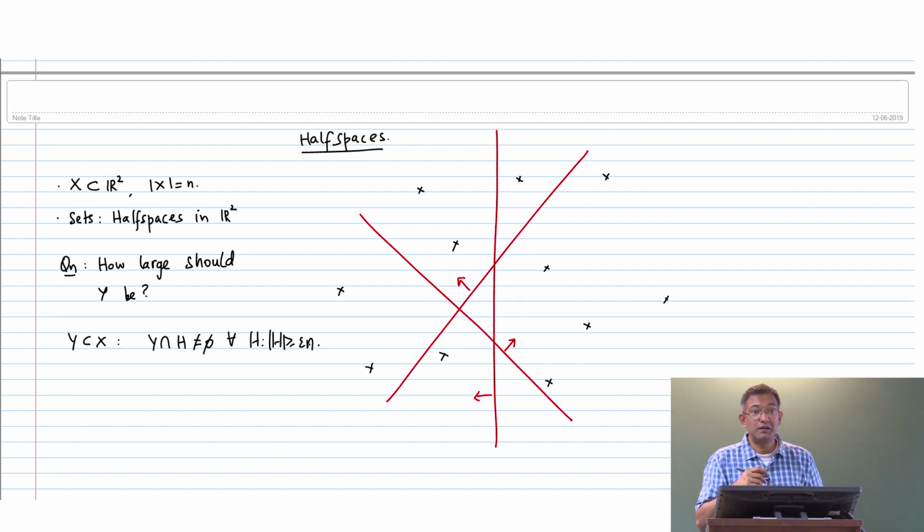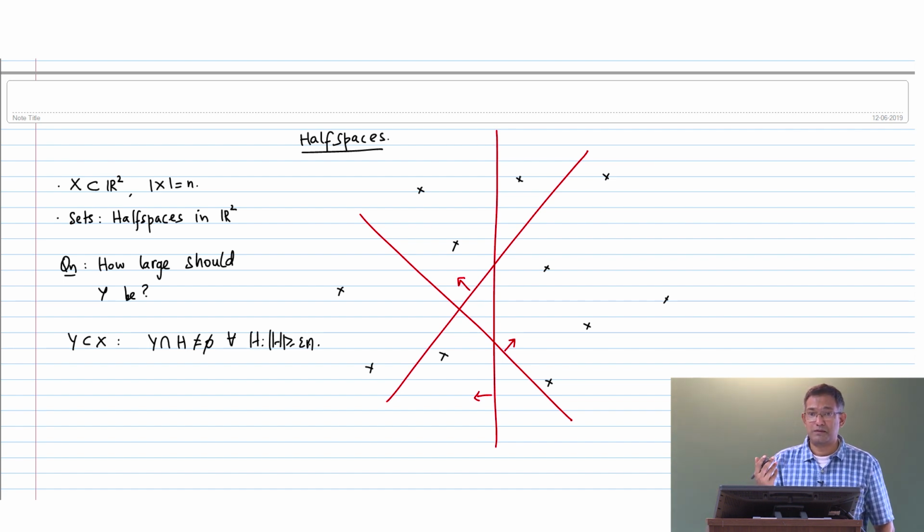So you've seen a lot of geometric objects, and in the morning you saw something. Convex hull, right?